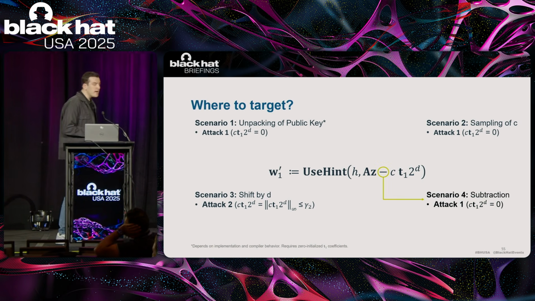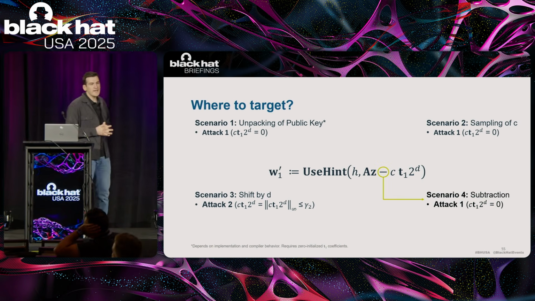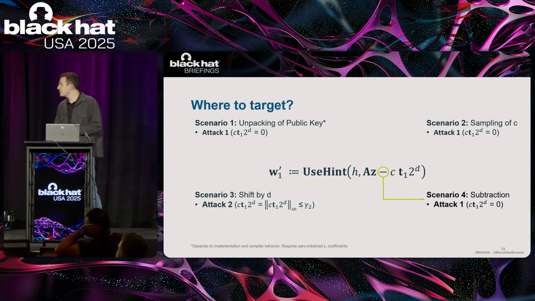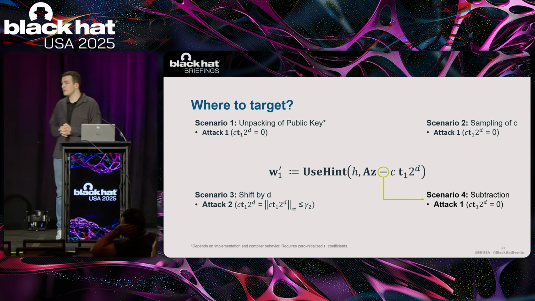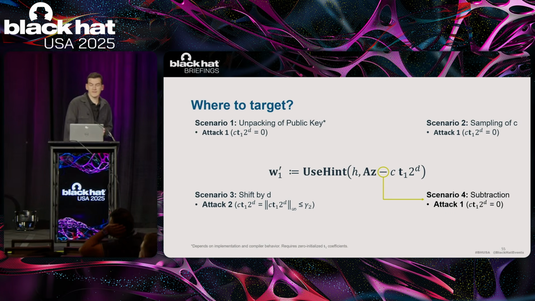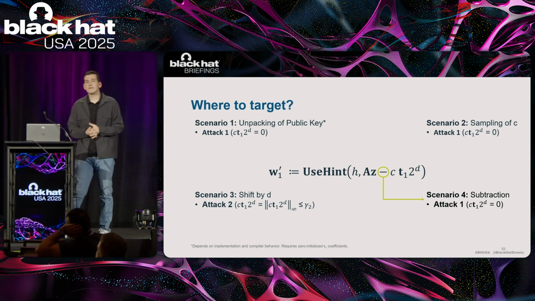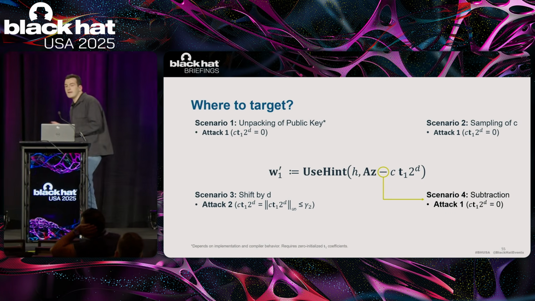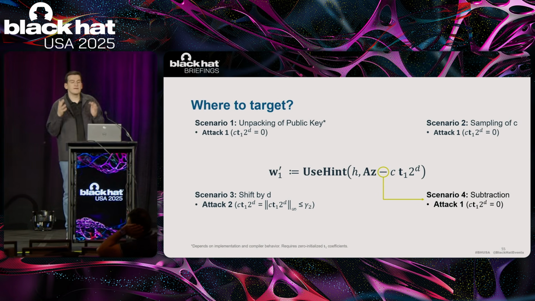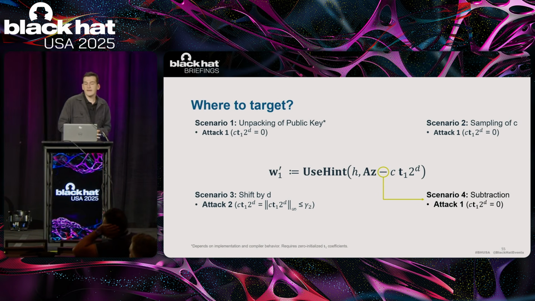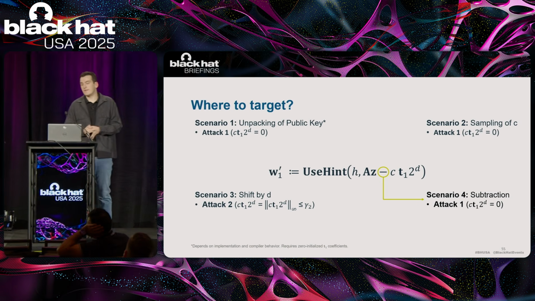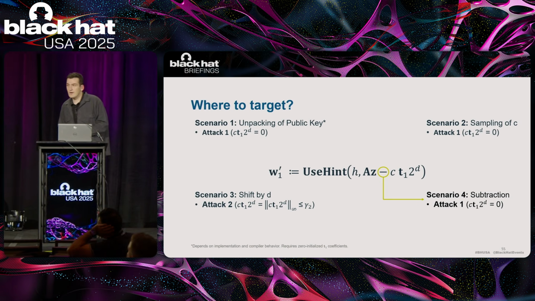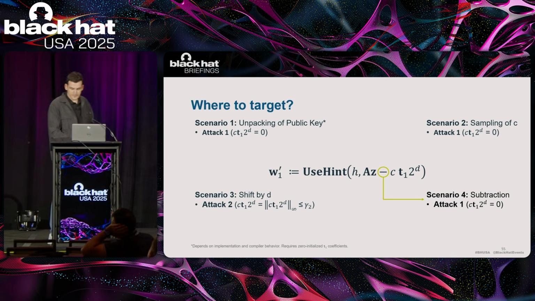And for the last, even if we cannot change anything in the calculation of this value, with a fault, maybe those points are already secure, we can still attack the subtraction. If we can skip it, it will never subtract c·t1·2^d from Az, which has the same effect as setting this value to 0, which enables attack 1.